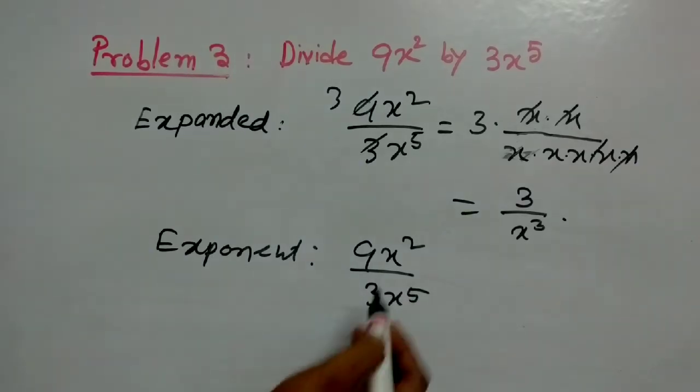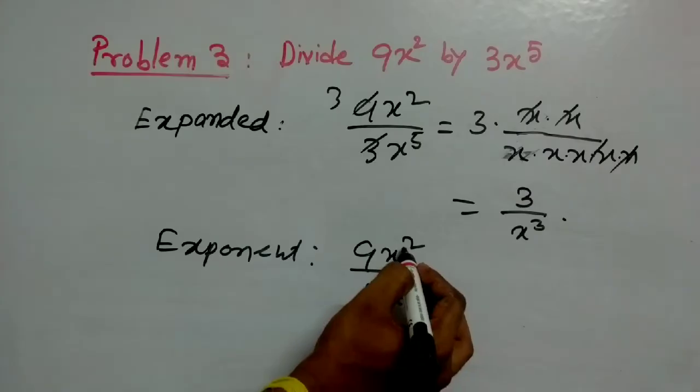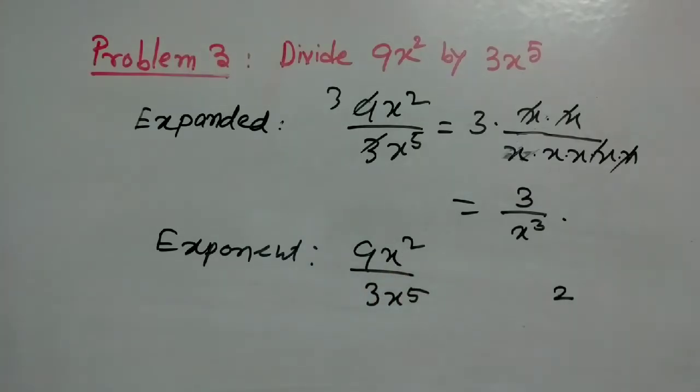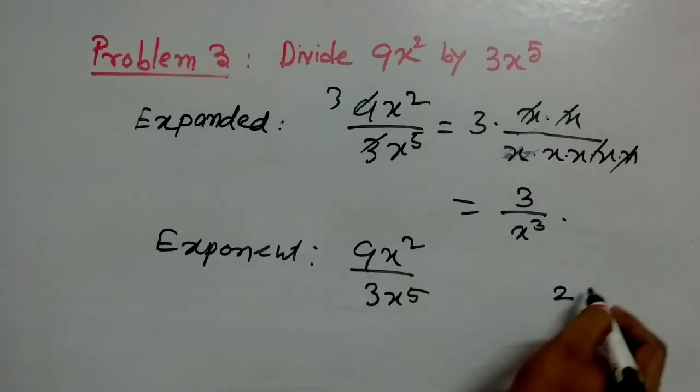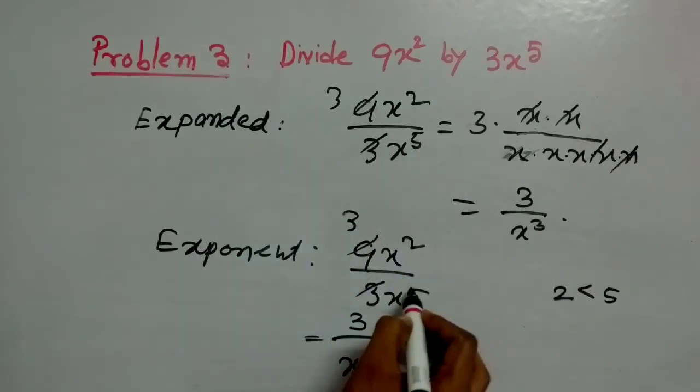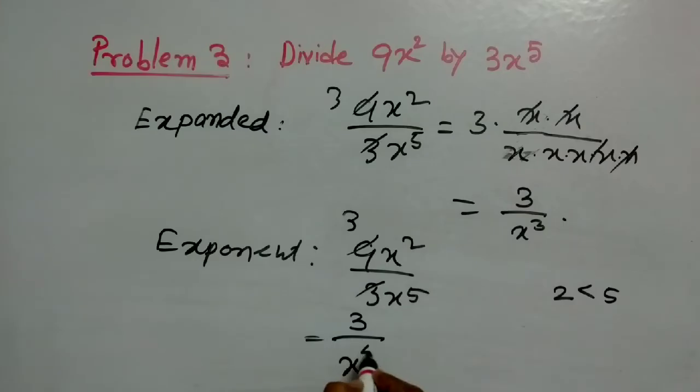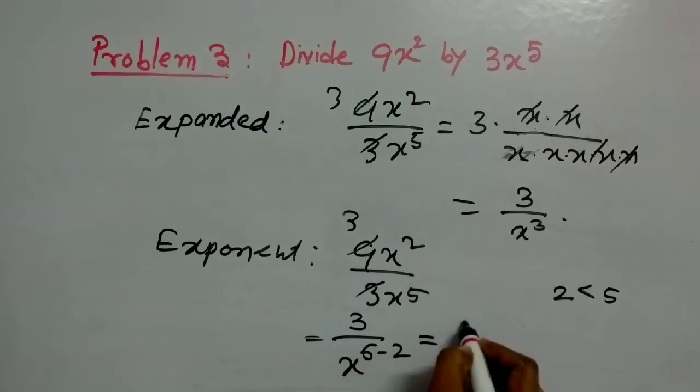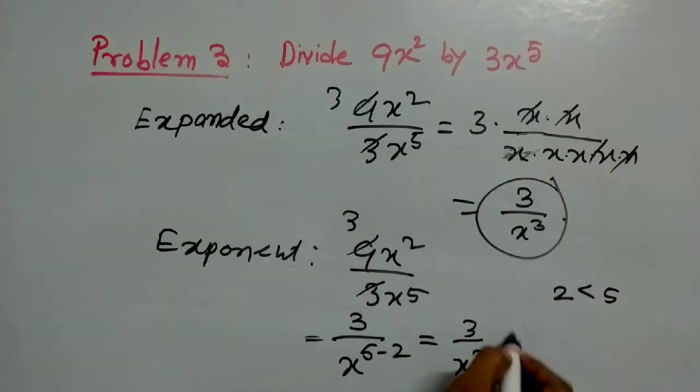Because the power of x in the numerator is 2 and the power of x in the denominator is 5, and obviously 5 is greater than 2, the subtraction will be done in the denominator. So it is 3 by x to the power 5 minus 2. So it will be 3 by x to the power 3, and it was the answer previously.